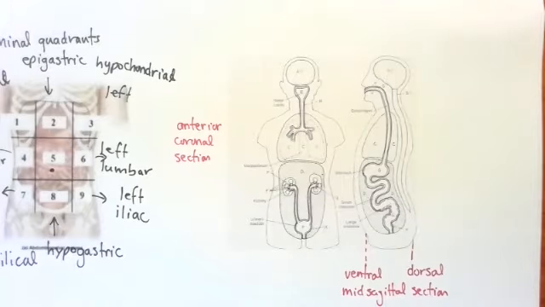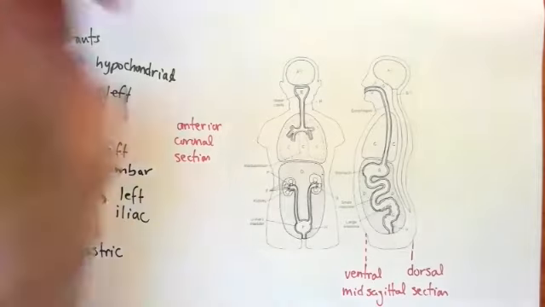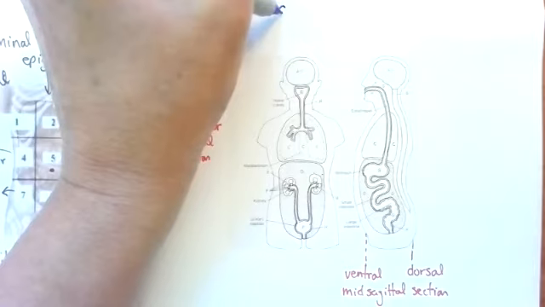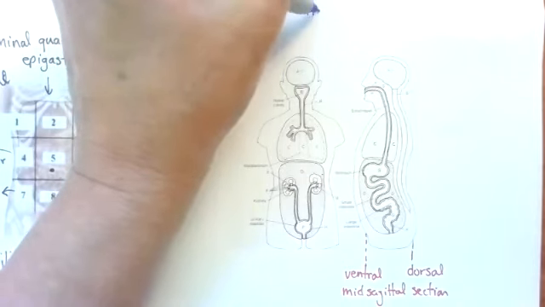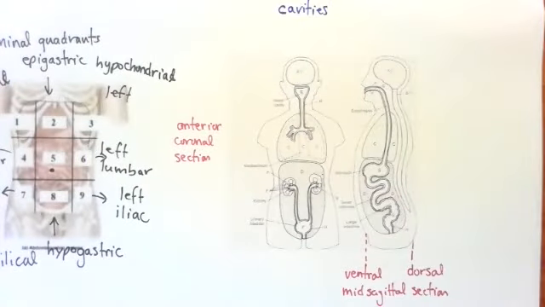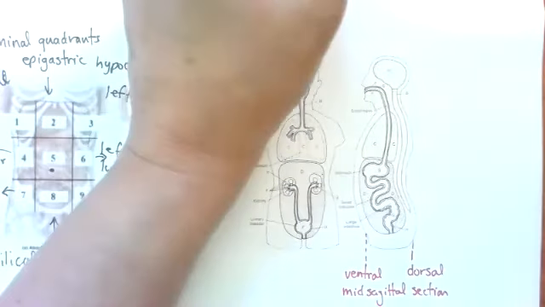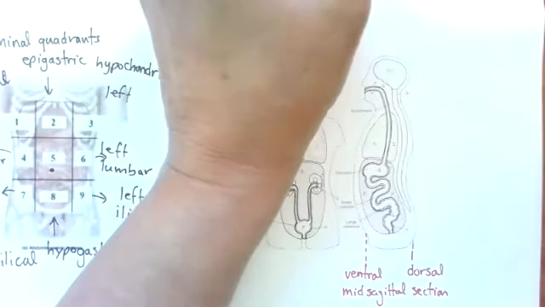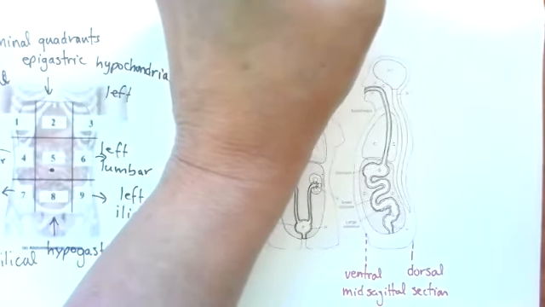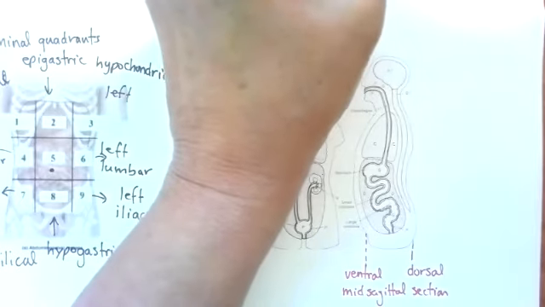These cavities get subdivided into categories. So if we did cavities, we can divide these into dorsal cavities and ventral cavities.